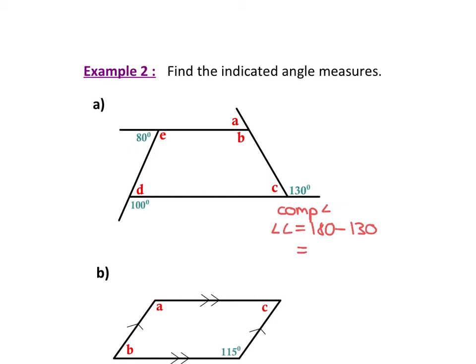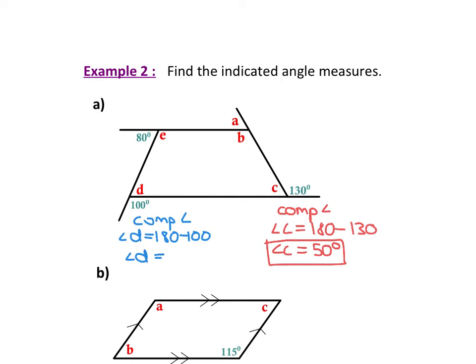So what we find out is that is 50 degrees. Okay, angle C. For D, it's also another complementary angle because it's on a straight line. So angle D is equal to 180 degrees, subtract 100. So angle D is equal to 80 degrees.